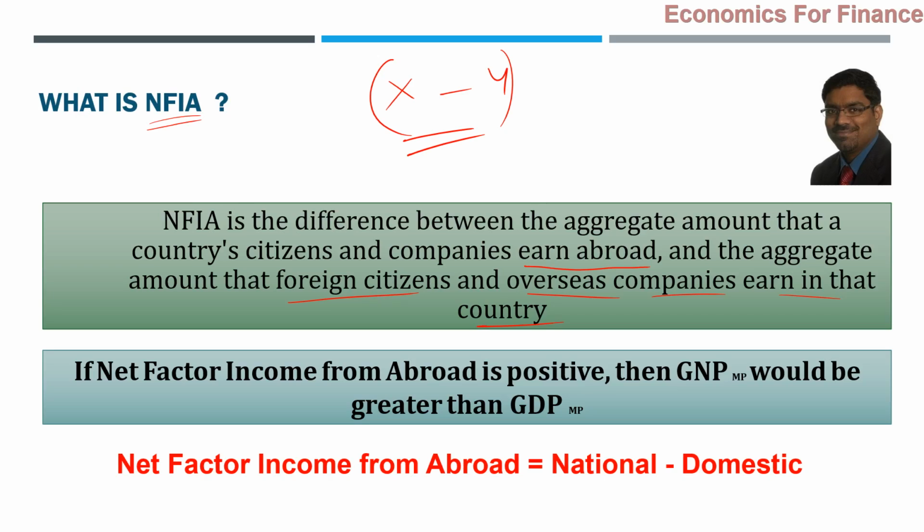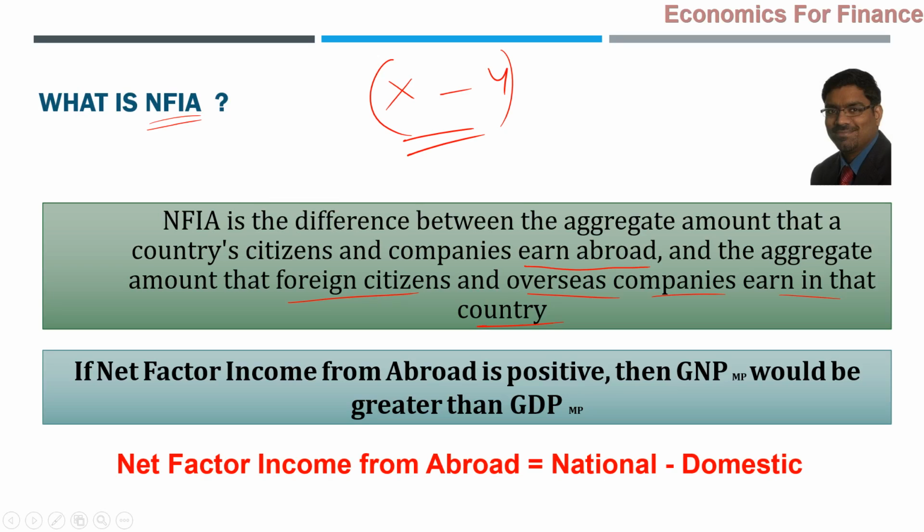Naturally, depending upon whether NFIA is positive or negative, GDP and GNP will also change. Will GNP be more than GDP? Possible. When the net factor income from abroad is positive, then only GNP would be greater than GDP. What if the net factor income from abroad is negative? Then naturally GNP will be less than GDP.